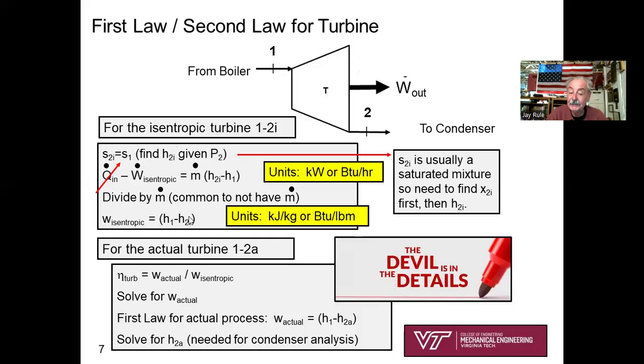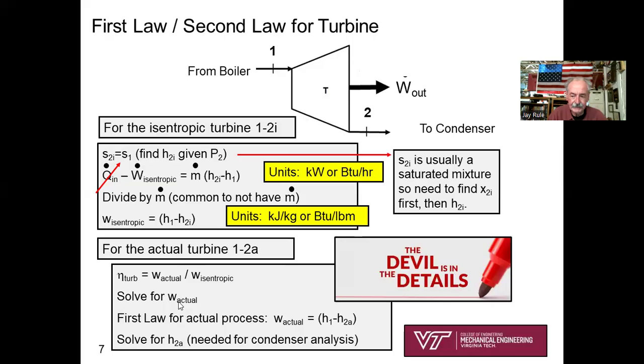So you've got W isentropic. Now we're going to go to our second law of fundamentals. Turbine efficiency is generally a given number, and so that enables you to solve for W actual, since you just found W isentropic. Okay, I've got W actual. That's good. That's going to help for net work.